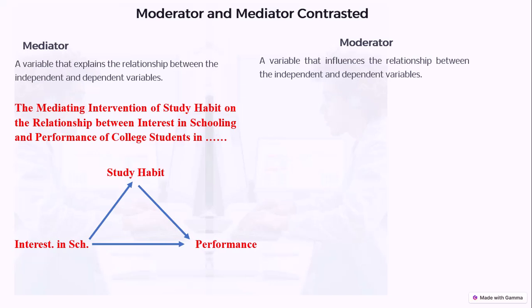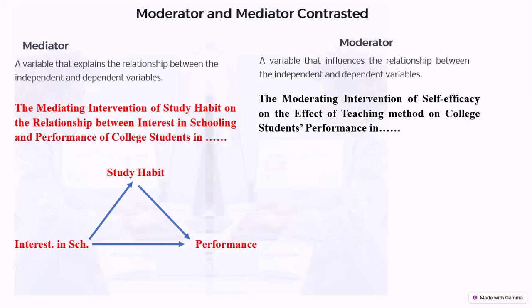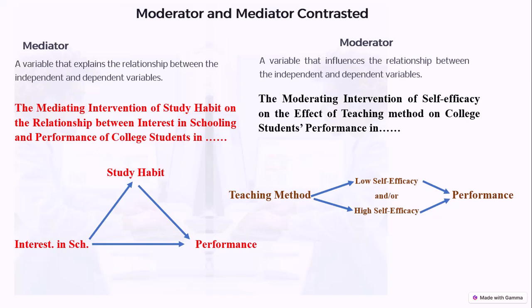Let's look at a typical topic here: the moderating intervention of self-efficacy on the effect of a particular teaching method on college students' performance. So in this, we can demonstrate it this way: will the teaching method influence performance, or will it depend on the level of the self-concept? So when the teaching method is able to raise the performance of students depending on the level of the self-efficacy of the students, then we'll say that self-efficacy is a moderator in this sense.